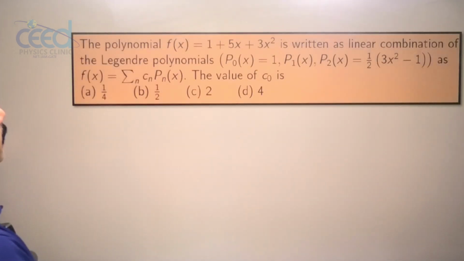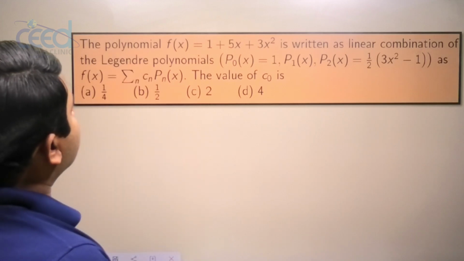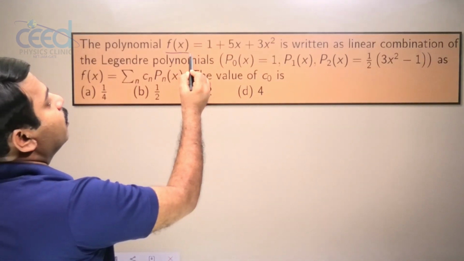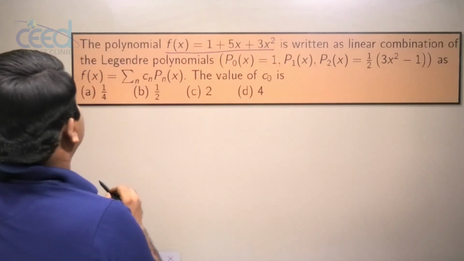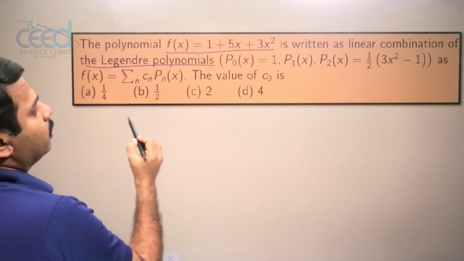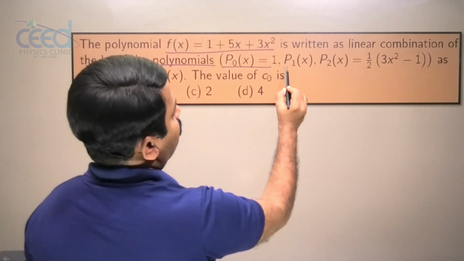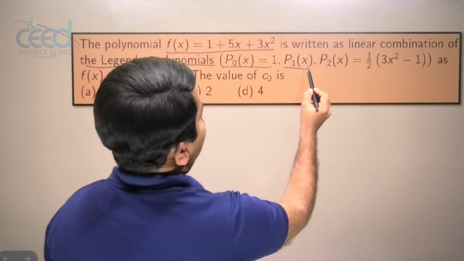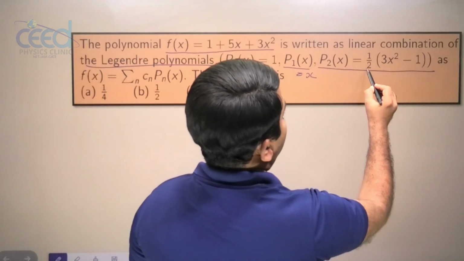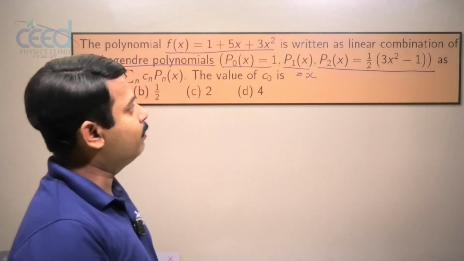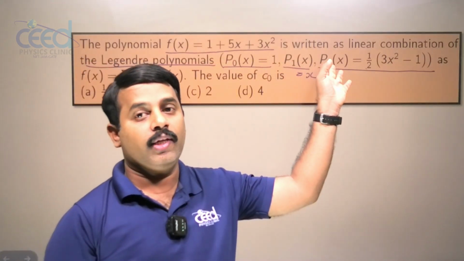See, f of x is one function given: 1 plus 5x plus 3x square. The Legendre polynomials: P0 of x is 1, P1 of x is x, and P2 of x is 1 by 2 into 3x square minus 1. Sometimes these values are given here.